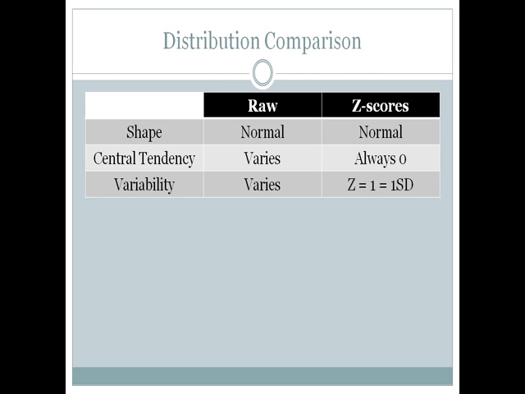It could be a mean of 30, a mean of 40, a mean of 100. But the mean of the z-scores will always be 0. The standard deviation of a set of raw scores can be anything. It can be 1.5. It can be 0.705. It can be anything. The standard deviation of a set of z-scores is always equal to 1. It's defined that way.